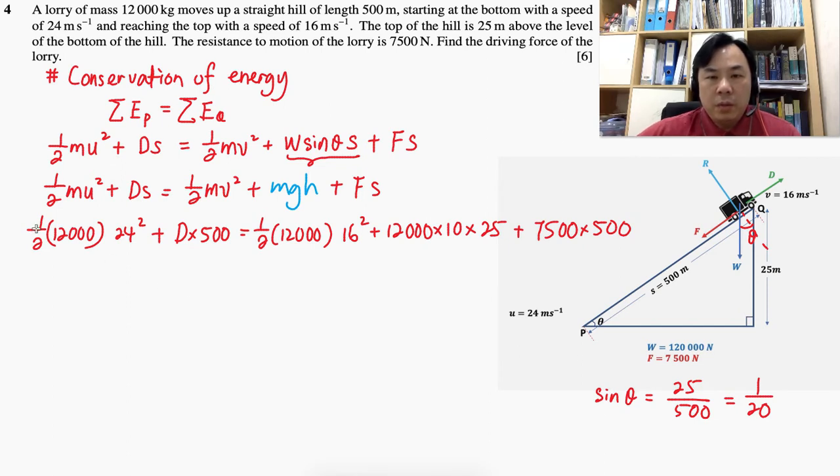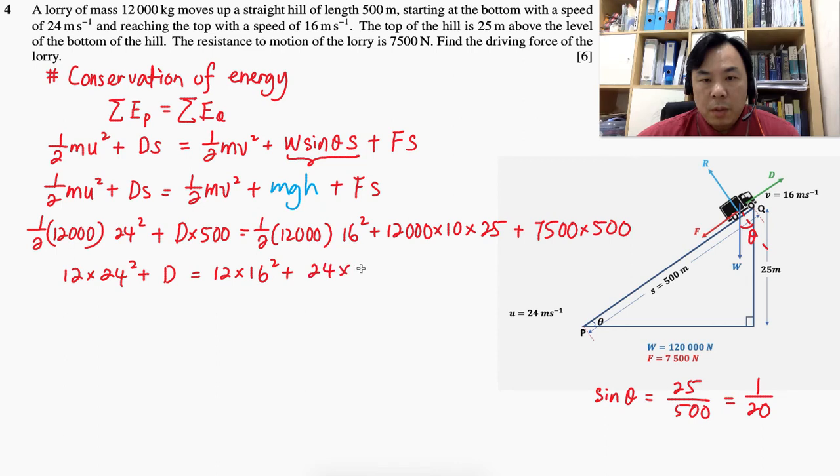Now if I try to divide everything by 500, I just want to simplify this whole thing here. So I would actually get, let me see, that will be 12 by 24 squared by D, because I divide everything by 500 here. Therefore, this will also be 12 by 16 squared, plus this one will be 24 instead, by 10 by 25, and then finally I have the 7,500 here.